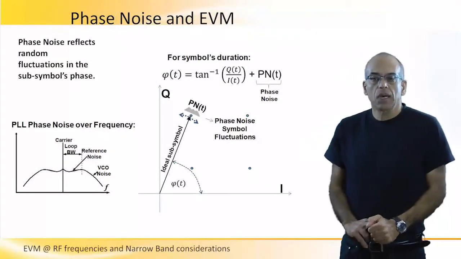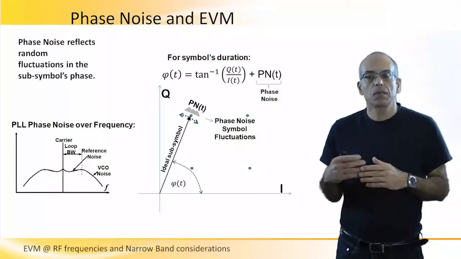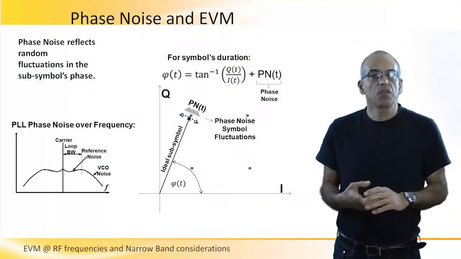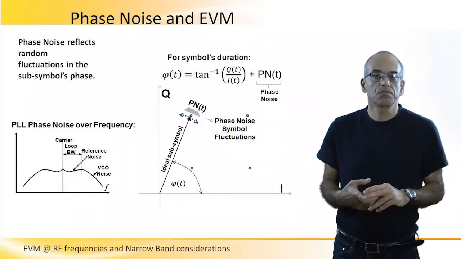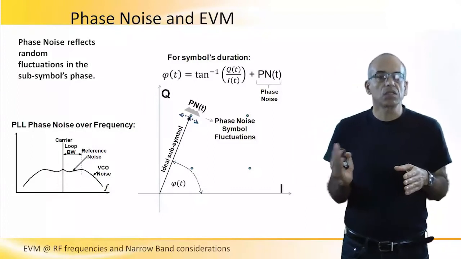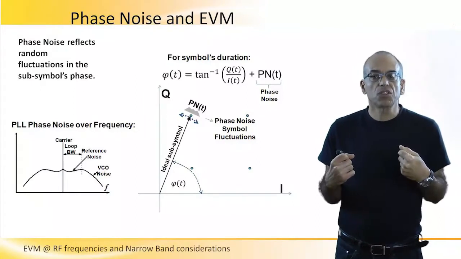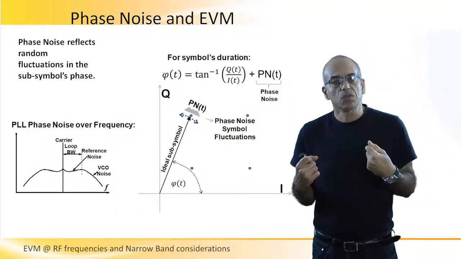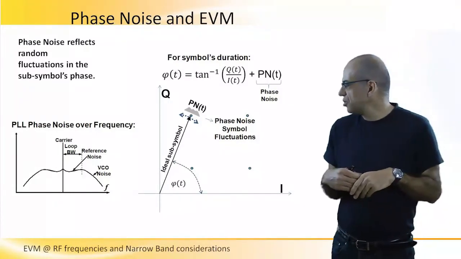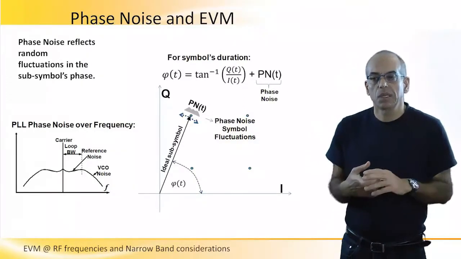Phase noise will have mostly effects on the phase of the subsymbol. Phase noise actually reflects random fluctuations in the symbol's or subsymbol phase, and in the constellation map it will translate to fluctuations or noise in the subsymbol phase.